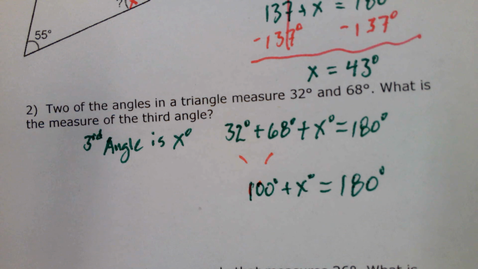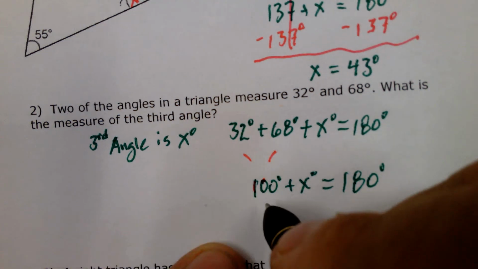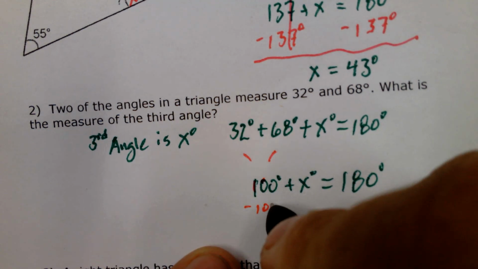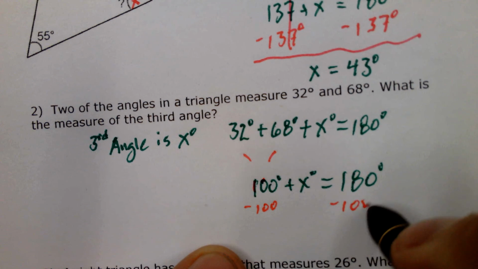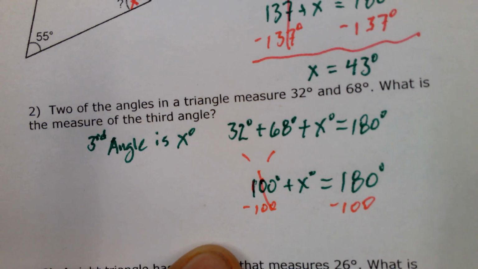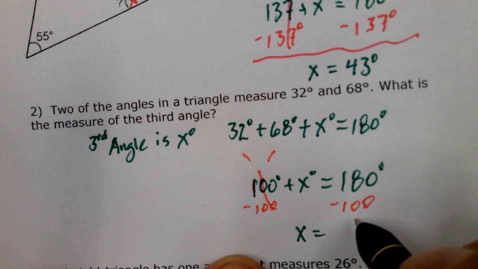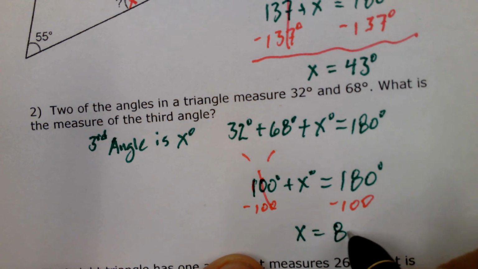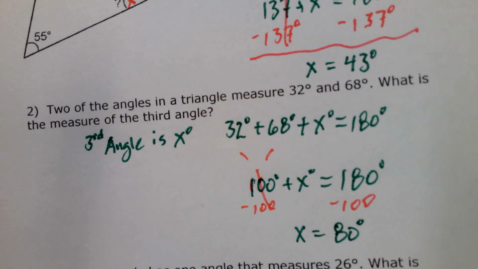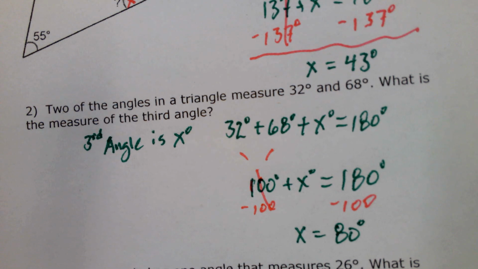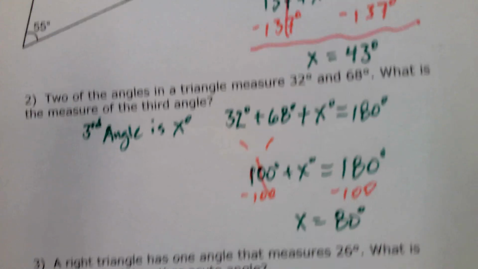What's x going to be? 80, yeah. So the 100 was right here. But you still have to subtract the 100 from 180 to get the final, which is 80. All right.